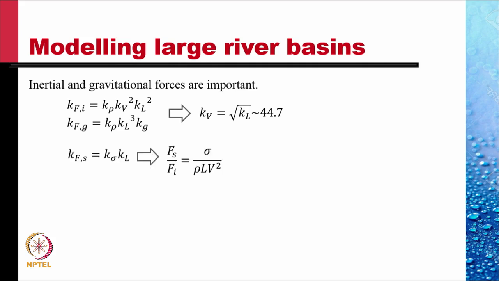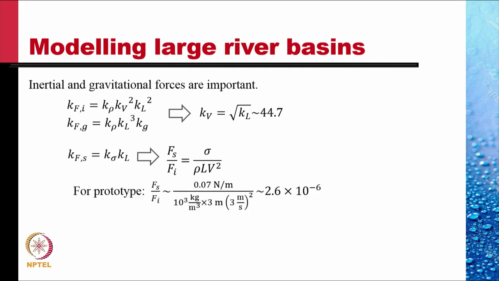The scale factor for surface tension forces is K sigma times Kl, which gives the ratio of the surface tension force to the inertial force as sigma divided by rho L V square. For the prototype, this gives you a value of 2.6 times 10⁻⁶, very low. So the surface tension could be neglected in the prototype.